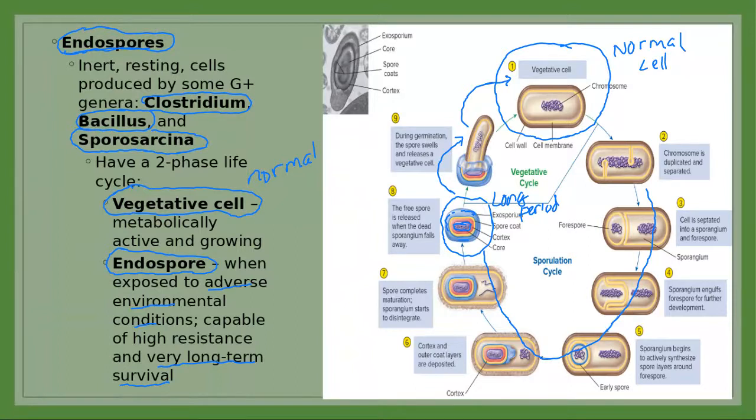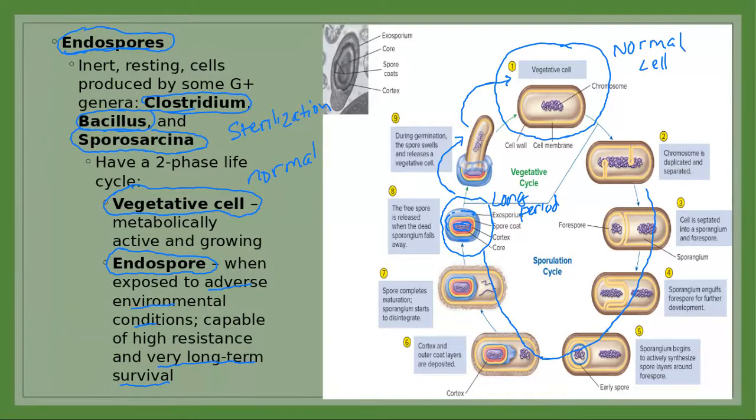This endospore makes them very difficult to destroy. So when we try to kill bacteria like Clostridium or Bacillus, we have to perform a process called sterilization. This sterilization will be able to destroy the endospore. Regular cleaning methods like disinfectant, for example, or boiling water will not kill or destroy the endospore.